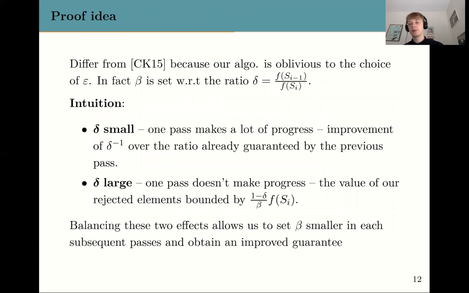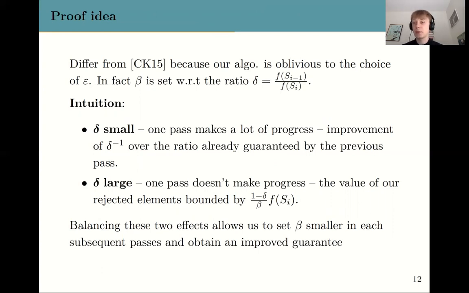So how does it change with respect to the previous result? There was a result from Chakrabarty and Kale, where they get those results for example for P intersection of P Matroid. But what they actually do is only set the parameters so that convergence is reached at the end.